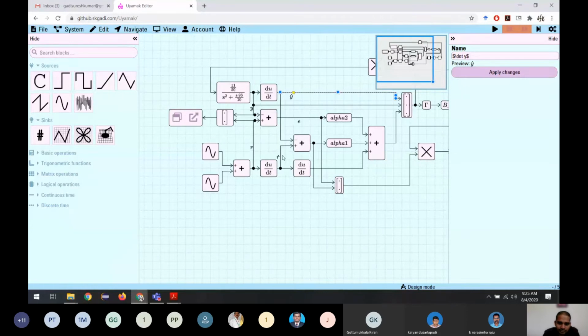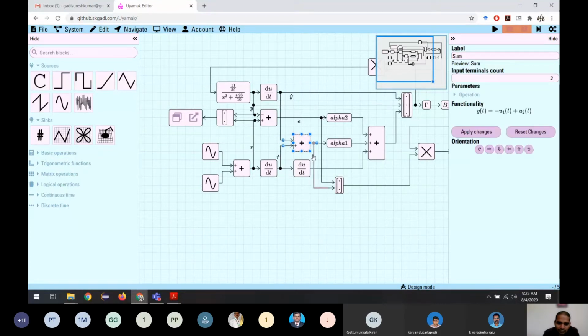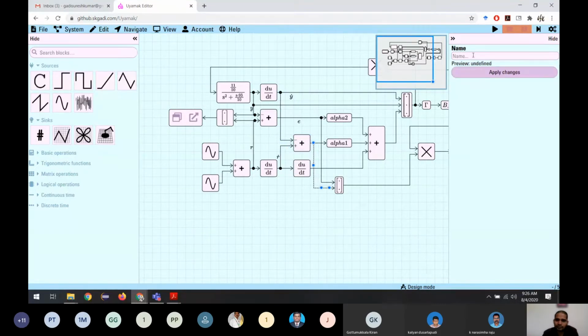So subtracting y dot from the R dot, we get error dot, E dot, right? So this is the error dot we are having.